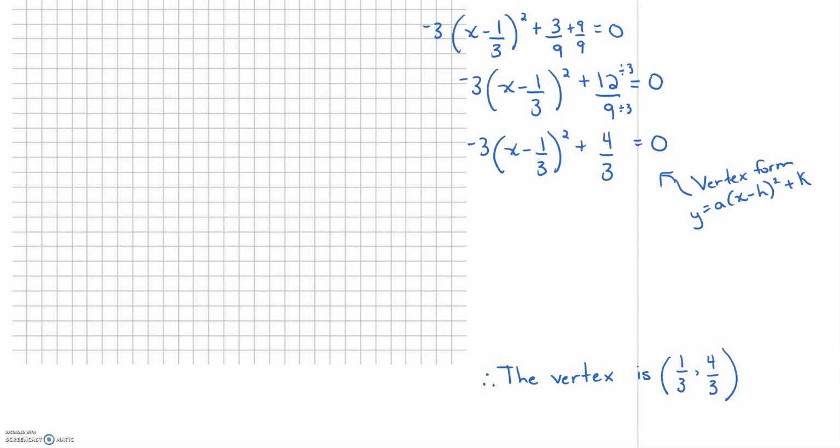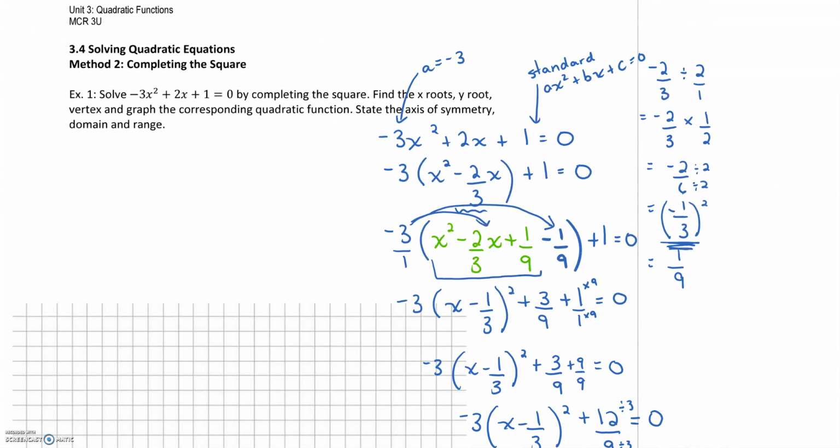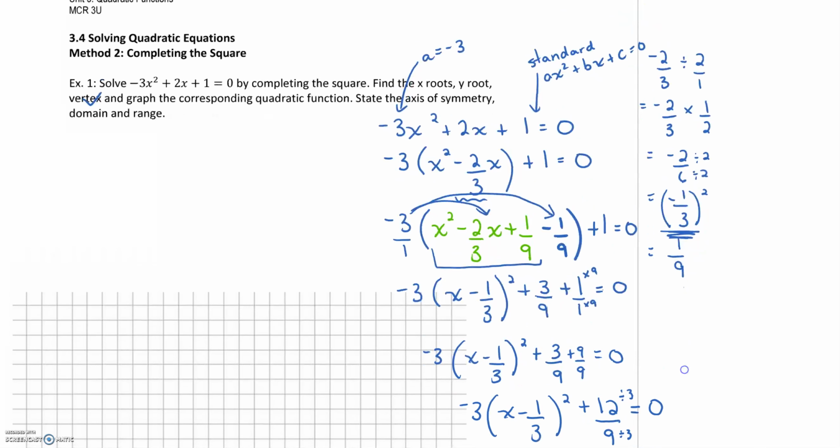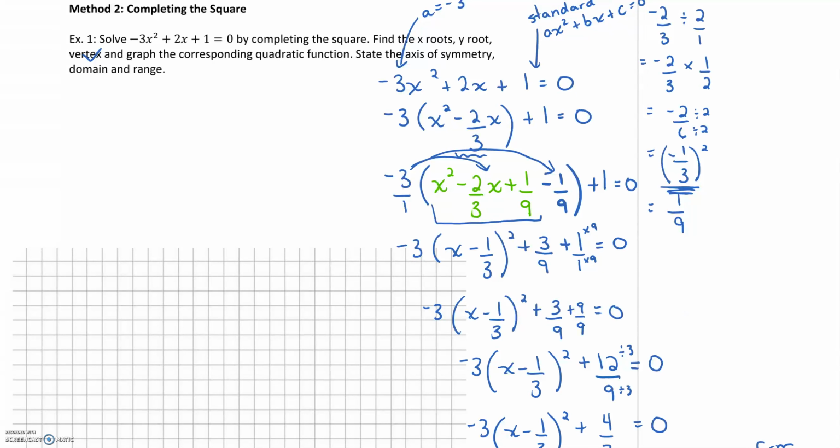Okay. So now that we have the vertex, I'm just going to go up and put a little check mark on vertex since I have that part. Now, we can also find one piece of information from the original standard form. The only piece of information that we can find from standard form is the y-intercept. And if you remember carefully, the y-intercept is your c value.